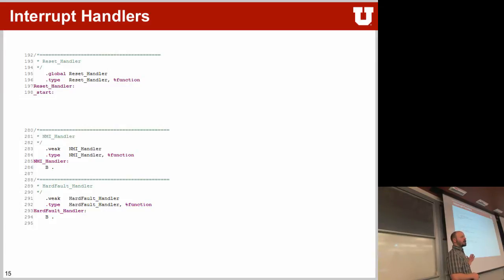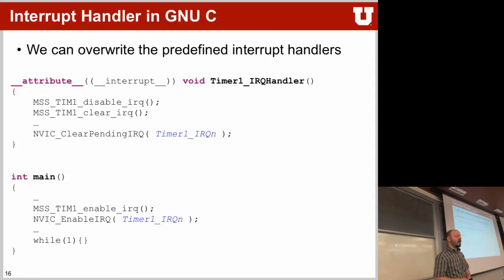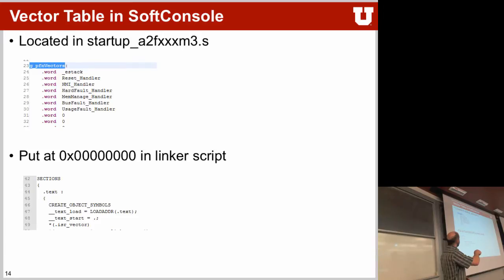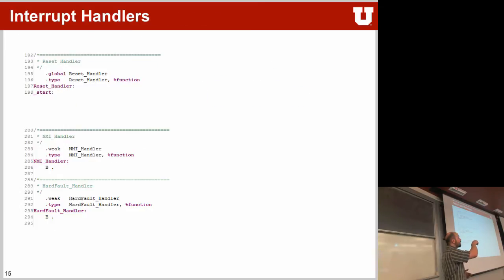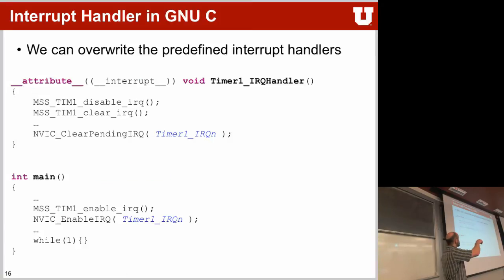You can overwrite them, for example, in C later on by defining an interrupt handler with the keyword __attribute__ interrupt, void, and then you just have to choose the name that was defined over here in this interrupt handler vector. That way you overwrite whatever they defined in this weakly defined interrupt. So we'll overwrite these pointers using your functions.